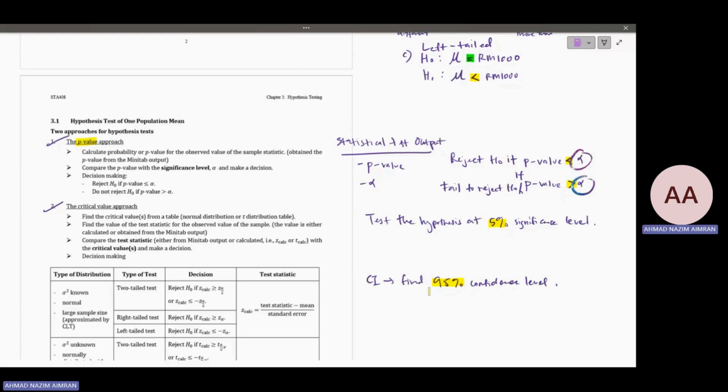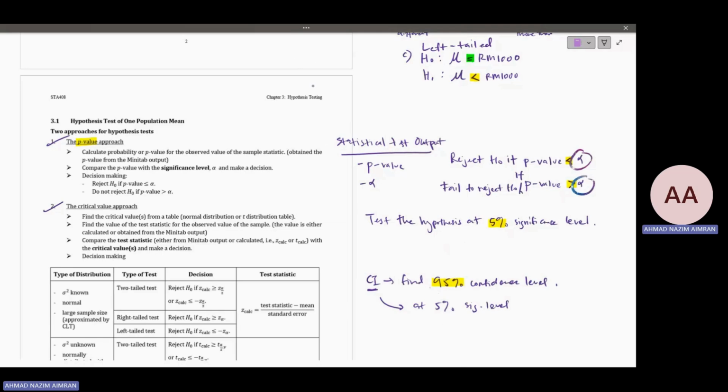If you are required to find 95% confidence level, it also means that you are constructing a confidence interval at 5% significance level, because this is alpha.